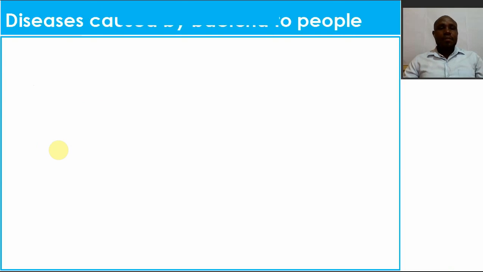Now, let's look at the diseases caused by bacteria to people. Have you ever gone to the hospital and they tell you that you have a bacterial infection? It means that you are suffering from a disease that may have been caused by a germ, and those germs are bacteria.